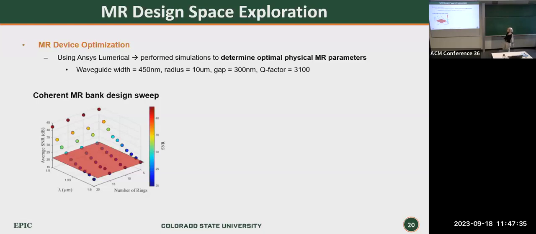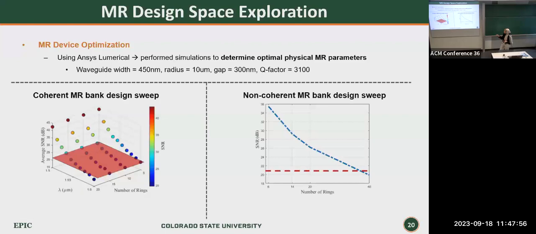This graph here shows the red plane, which is the cutoff SNR value, the least SNR acceptable to ensure error-free computation. And we were able to determine the maximum number of rings that can be put together on a single row without too much signal loss or crosstalk. And we similarly did another design sweep for the non-coherent MR bank design used in our transform units.